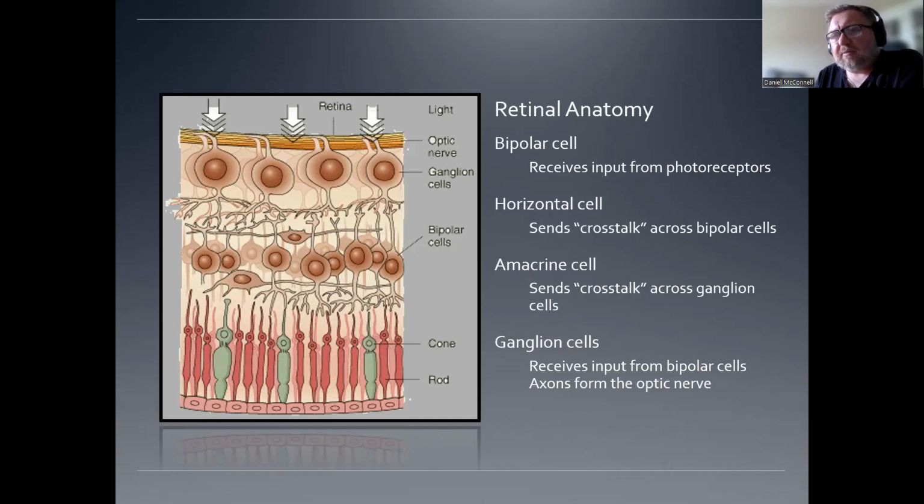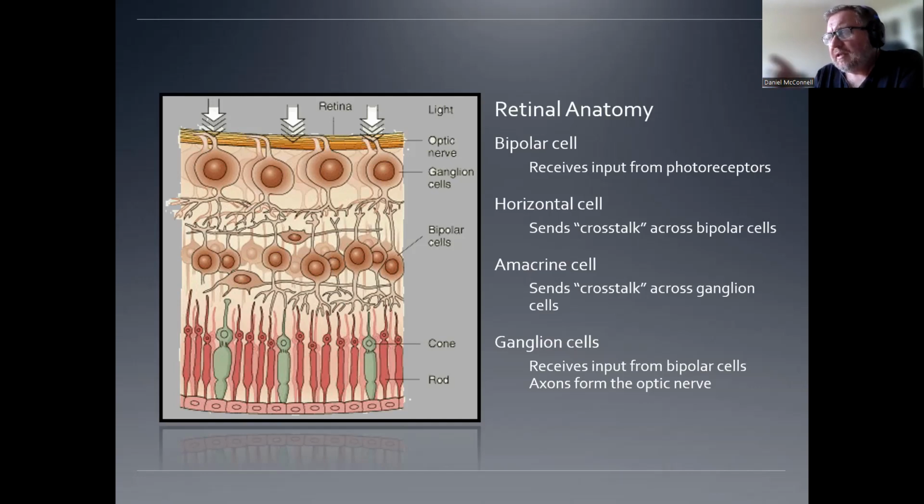And one way to highlight that boundary is, let's just say that when we're looking on the left side, let's look at that one horizontal cell at the bottom that's monitoring some rods and cones there. And those rods and cones, if they're stimulated by some area of light, will send an excitatory signal to their partner bipolar cells, which will then, of course, transmit that excitatory signal on up to the ganglion cells.